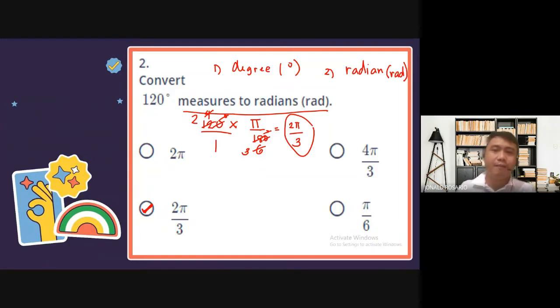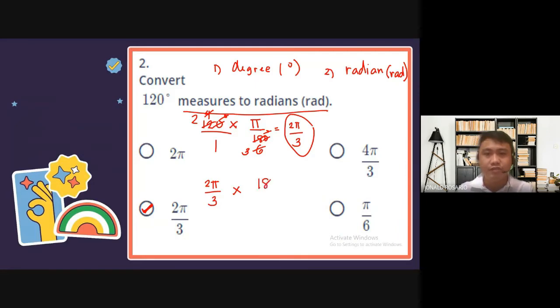Paano naman, sir, kapag kabaliktad naman? Naka-rad ang ating angle, i-convert natin sa degree. So for example, yung 2 pi over 3, i-convert ko yan sa degree. Lalabas ba yung 120 degrees? Kabaliktaran naman. If in degree to rad, you multiply by pi over 180, in rad to degree, baliktadin nyo lang, reciprocal.